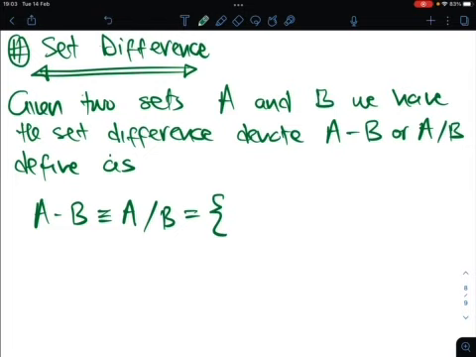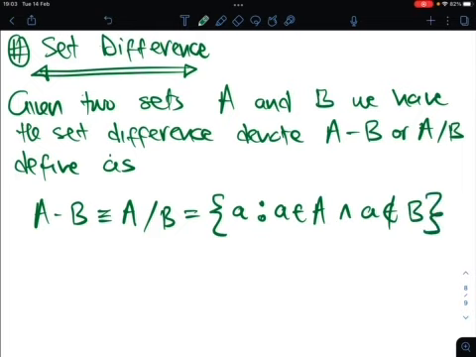It is the set which consists of all elements a, where a is an element of A, and at the same time, this a is not an element of B. So that's what the difference is. It is everything in A which is not contained in B. That's exactly what the set difference is.